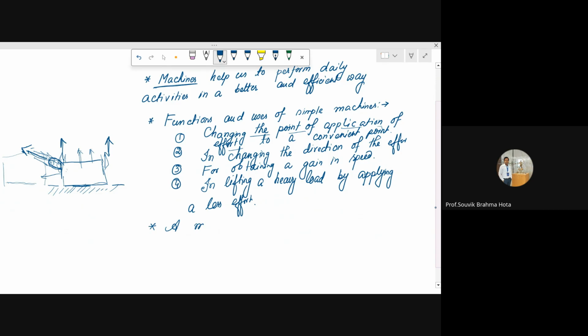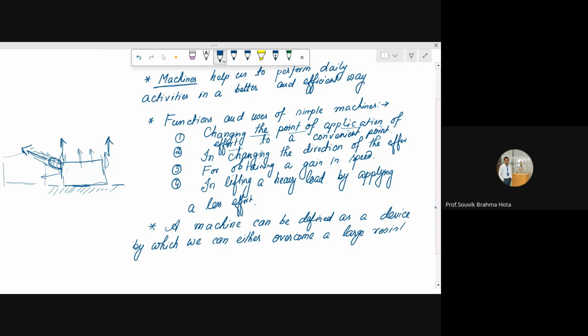A machine can be defined as a device by which we can either overcome a large resistive force, or I can say it is a load. A large resistive force is nothing but the load.